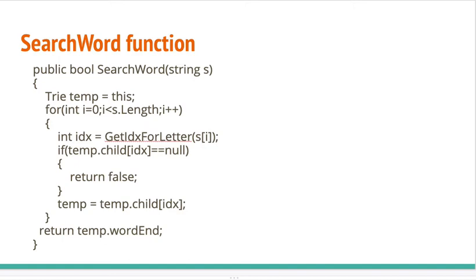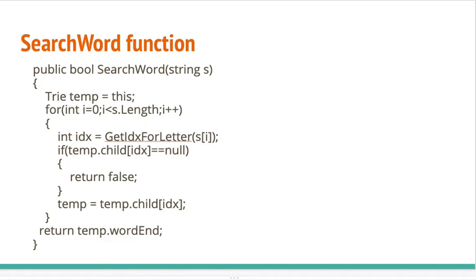Otherwise you continue until the length of the string s. So once you reach the end of the string s, what you are going to see is whether the word end at the temp is true or not. So you are going to return temp dot word end, whatever the value there is.